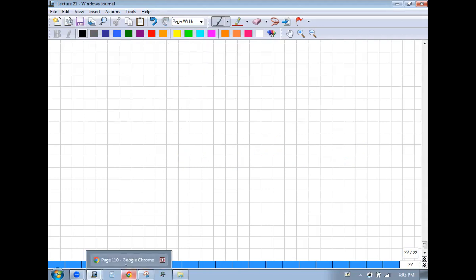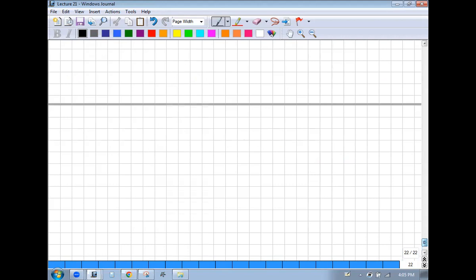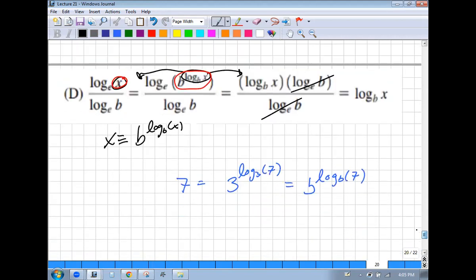Because the thing is your calculator only has a log base 10 and a log base e, right? So if you need to use your calculator to evaluate something and it's a log base 4, your calculator doesn't have a log base 4 button unless you paid extra. So you're going to have to use this formula here, your change of base formula, in order to change it to either base e or base 10.